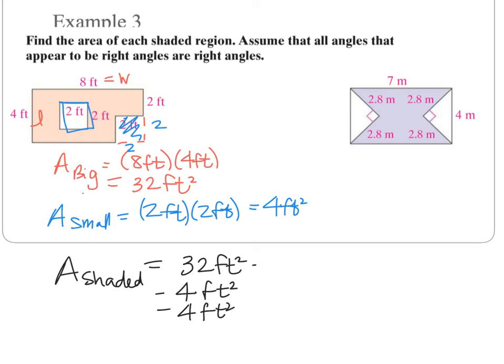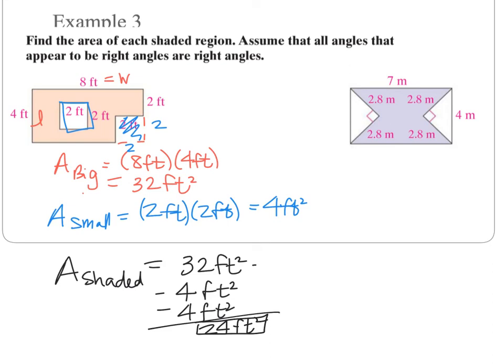So then I essentially have 32 minus 8, which is going to give me 24 feet squared. And that would be the area of my shaded region.